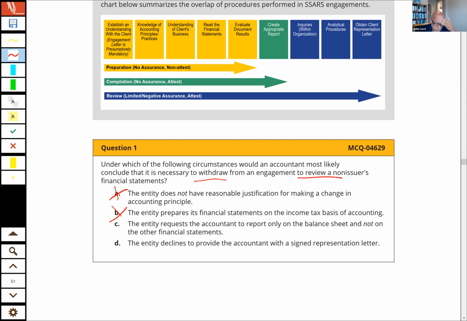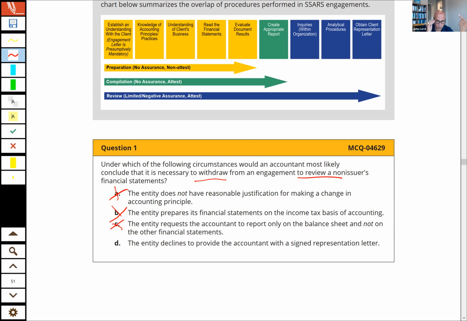C, the entity requests the accountant to report only on the balance sheet. There's no problem. That's a limited assurance engagement. You can do that in an audit. You can do that in a review. Again, my question, what are we required to do in a review? We are required to do analytical procedures.